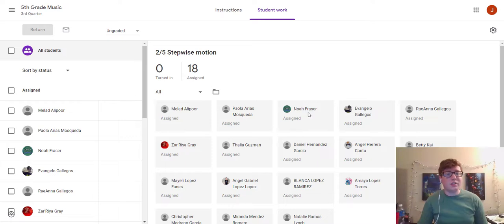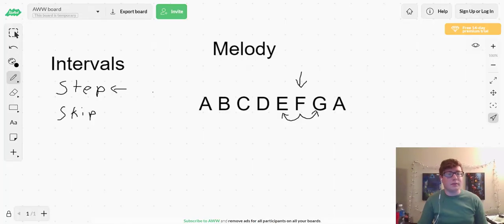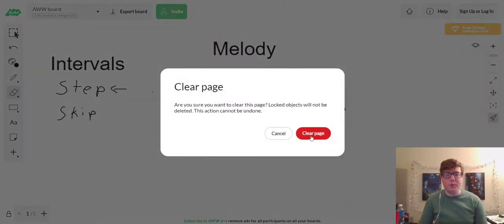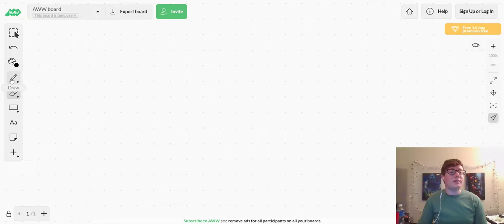For you guys, it doesn't look like this though. This is just how it looks for me. At this point, let me show you guys what it will look like. I think I have to just erase all of this. I don't think I can make a second page. So let's do that. Alright, when you guys hit that View Assignment button, a small box will appear.